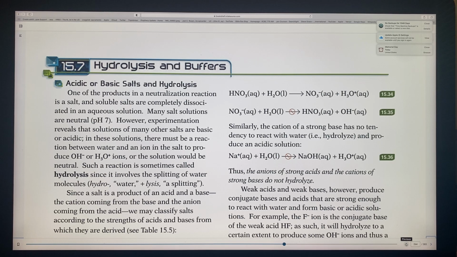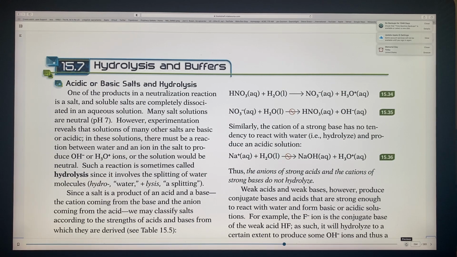So there must be a reaction between the water and the ion in the salt. If you're going to have a pH other than 7 with the salts, there must be hydrolysis going on in the water to produce the OH negative and the H3O positive instead of H2O. So this is acidic and this is basic.